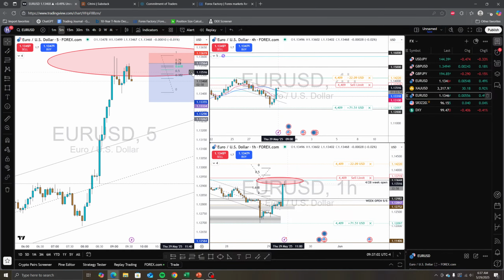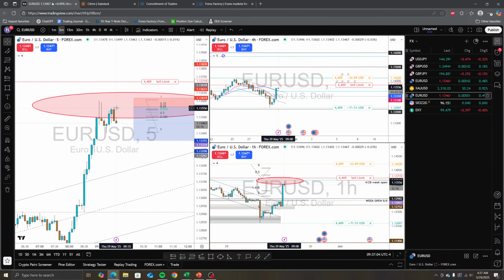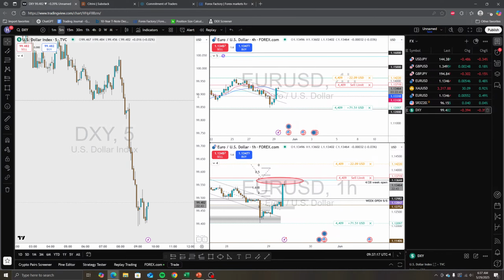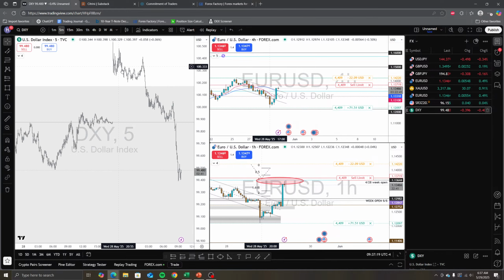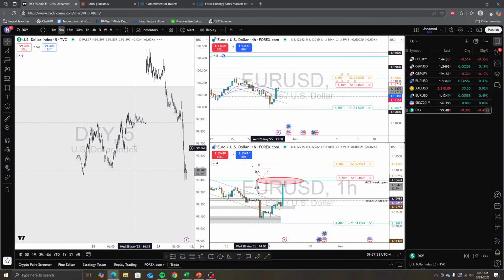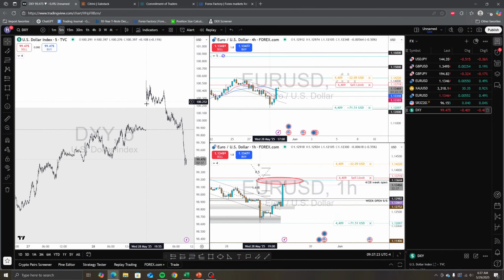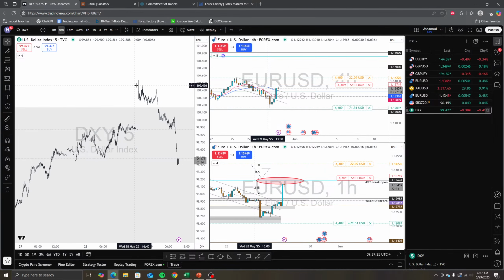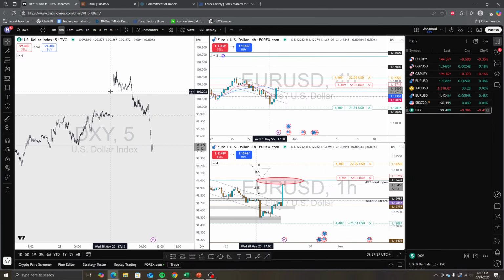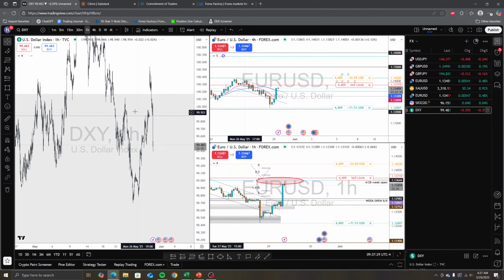Alright, so here we are. DXY images now. Yup. This gap up is a signal. Definitely gonna get filled.